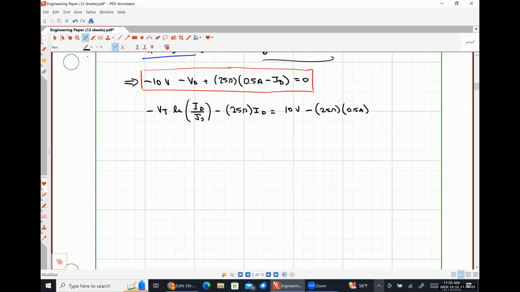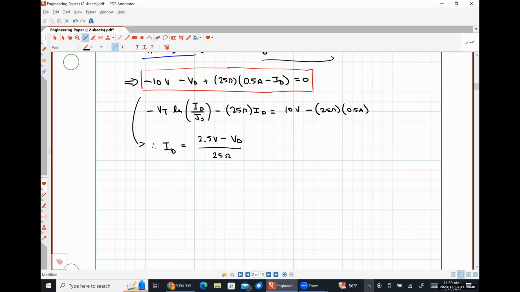We could rearrange this equation to find that ID is going to be 2.5 volts minus VD divided by 25 ohms, right?